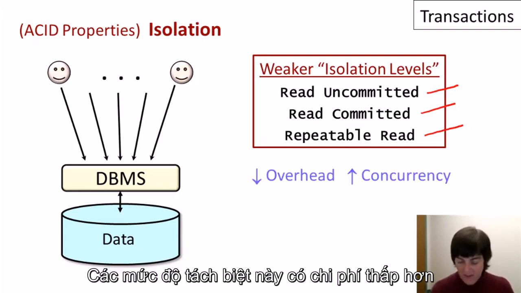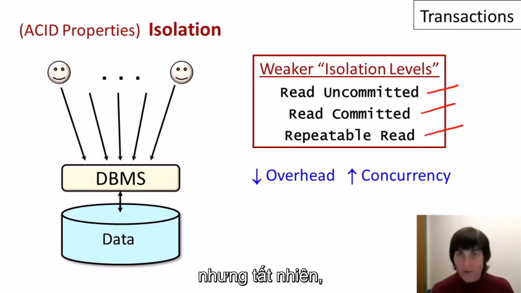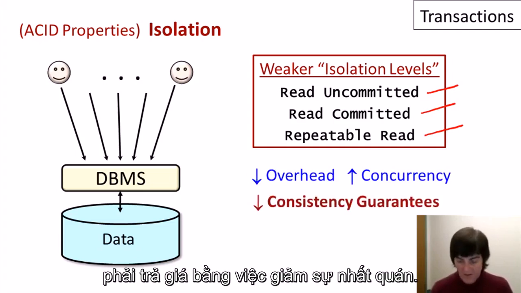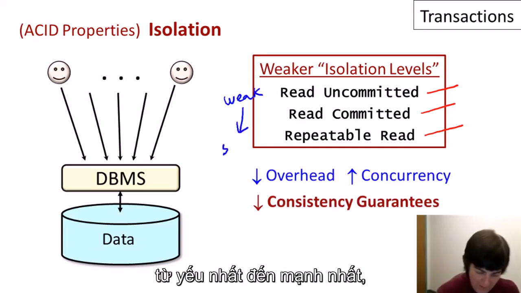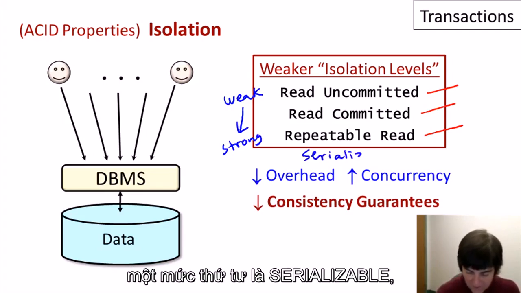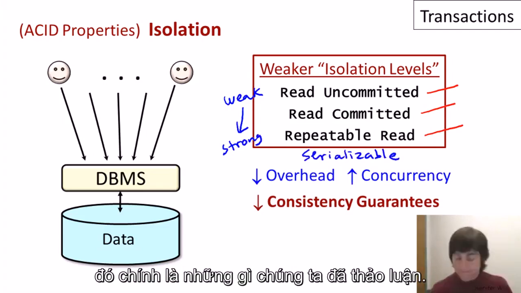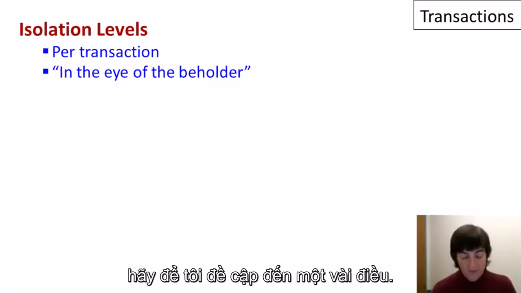These isolation levels have lower overhead and allow higher concurrency, but of course at a cost, which is lower consistency guarantees. I've listed the 3 alternative isolation levels from the weaker to the stronger. And to complete the picture, at the bottom we have a 4th one, which is serializable, which is what we've been talking about already.